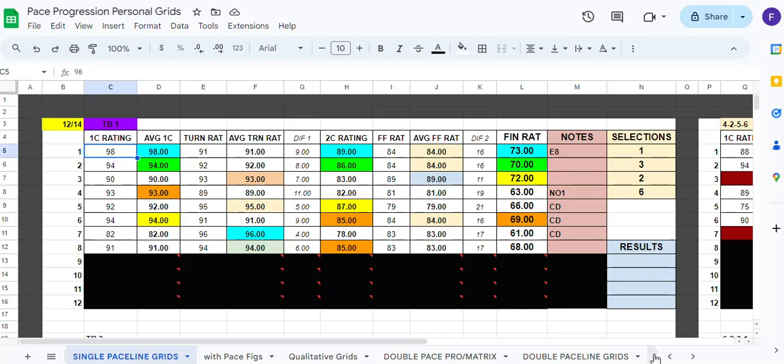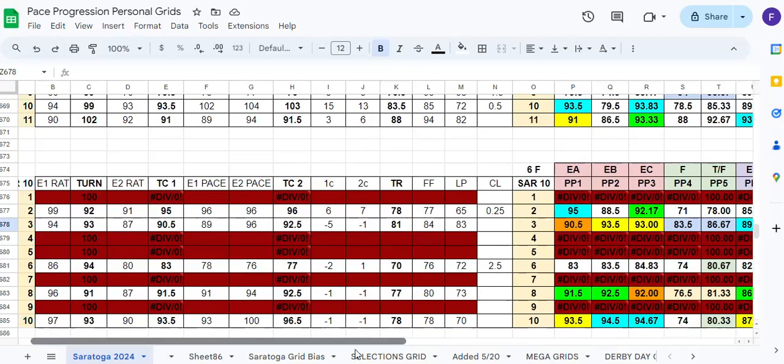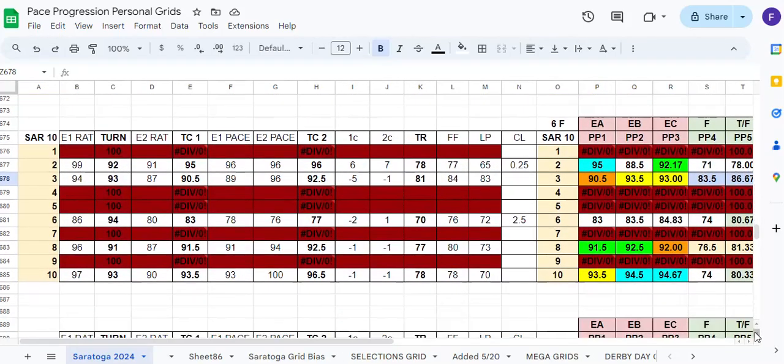Now, if you look at the current grids that we're using, the evolution has been pretty big. We have the raw, but we also now use the Brisnet pace figures, and we've also tied in the race shape numbers as well.